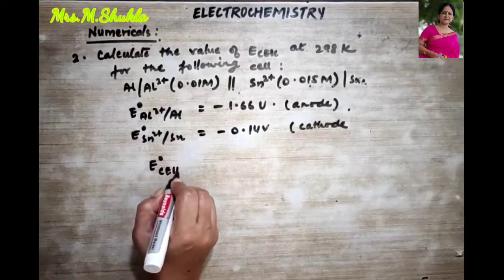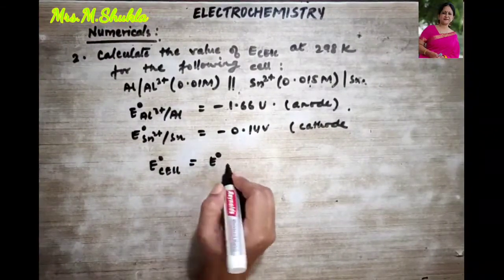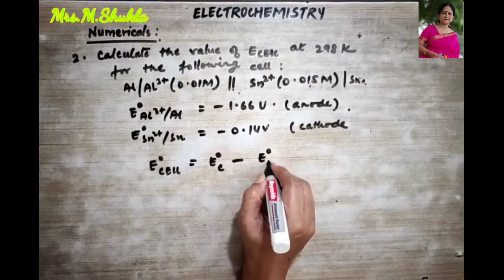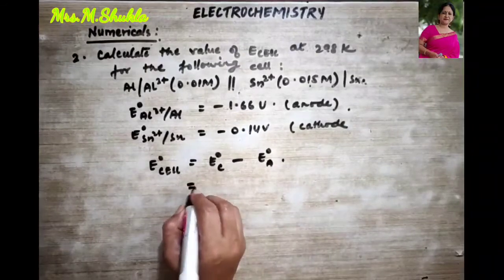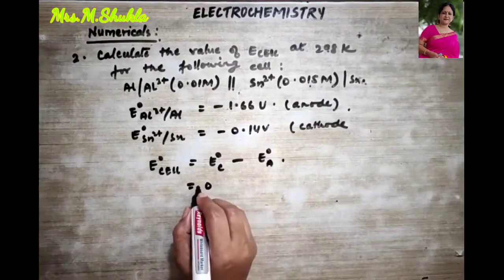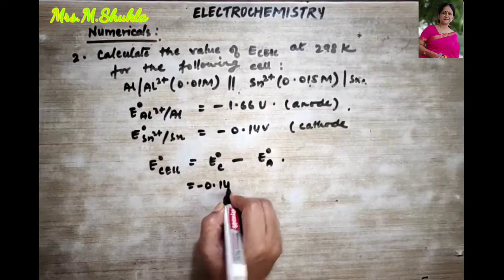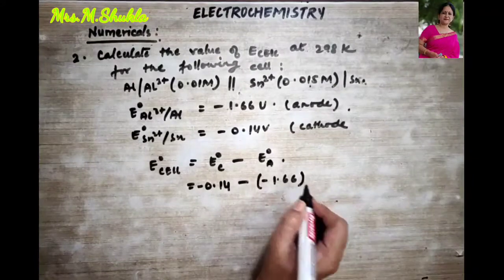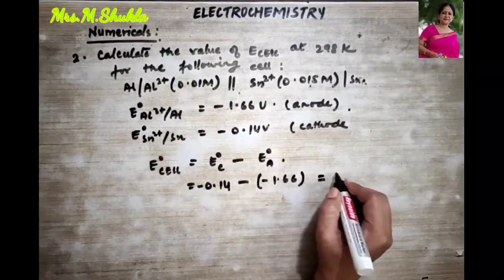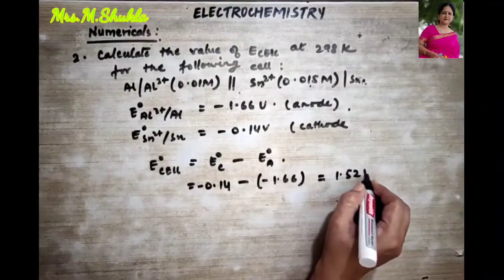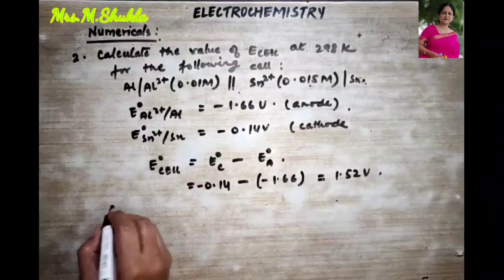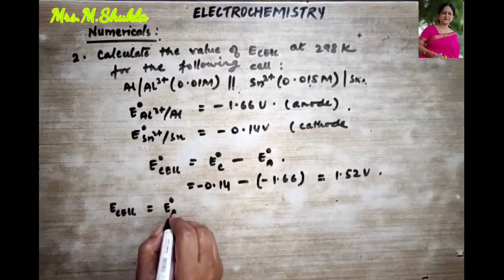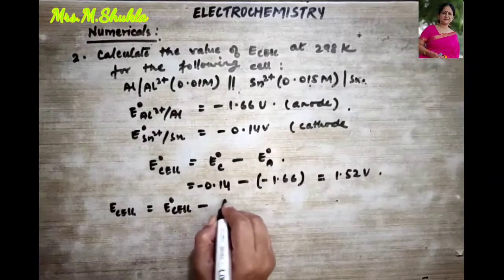E naught cell is equal to the electrode potential of the cathode minus the standard electrode potential of the anode. So this is equal to minus 0.14 minus minus 1.66, which gives us 1.52 volts.